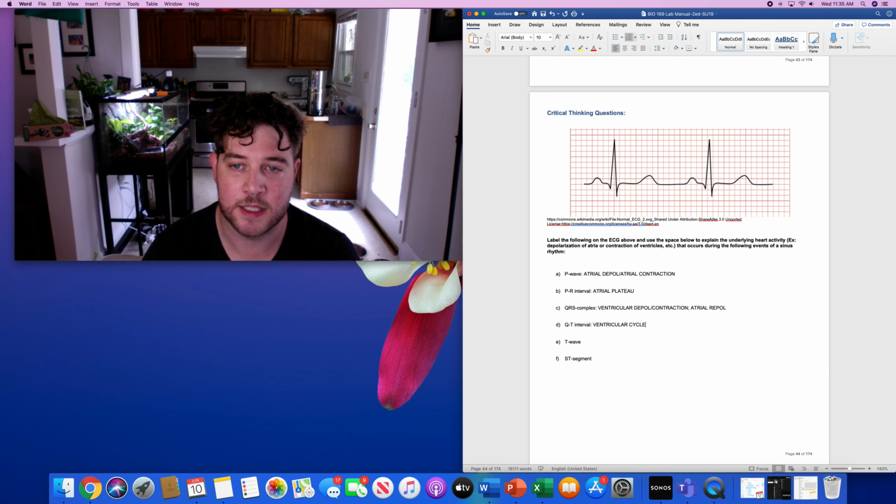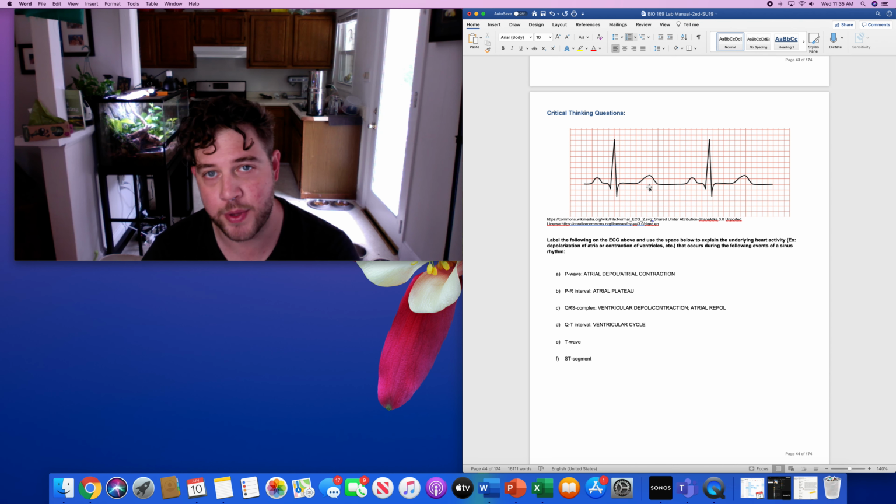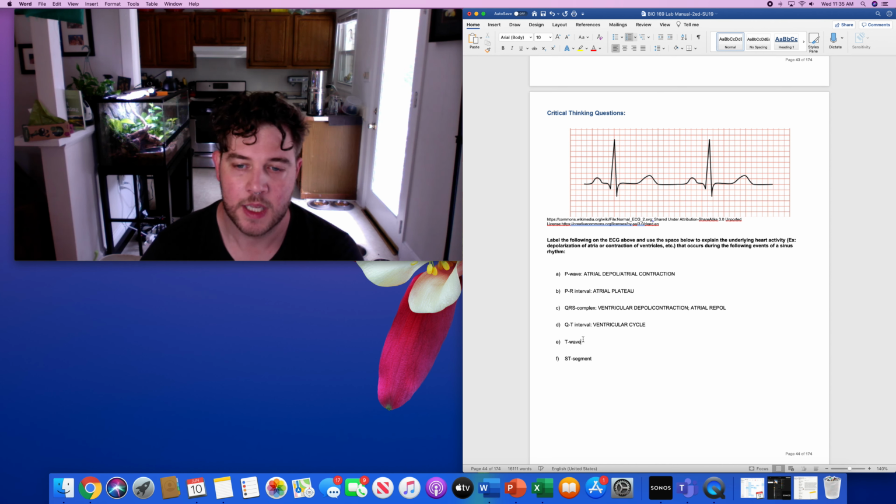That is from Q here to T out here. That's going to be full ventricular depolarization, repolarization, contraction, plateau, relaxation. The T wave, this last one right down here, that is your ventricular repolarization and relaxation.